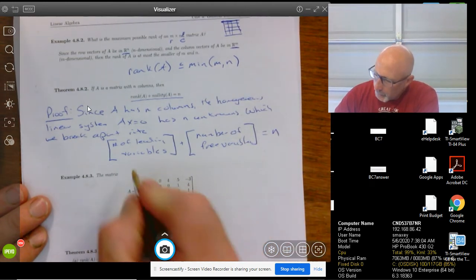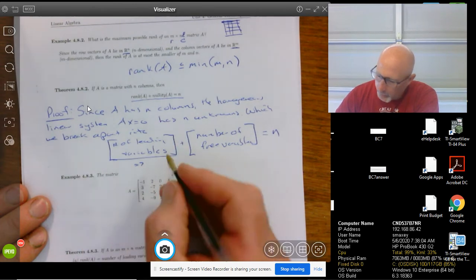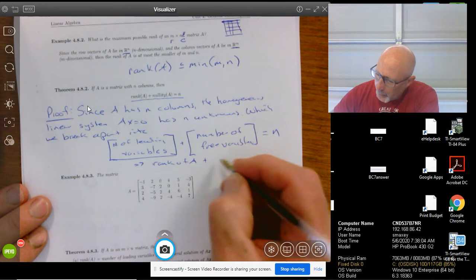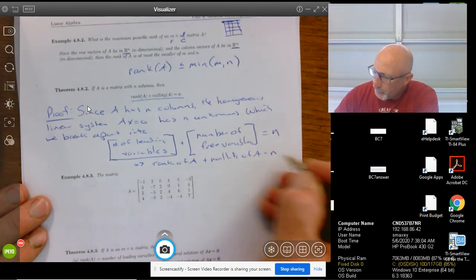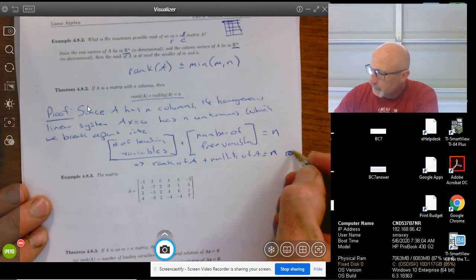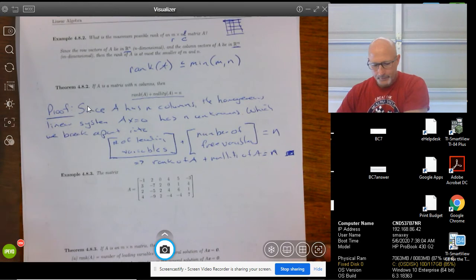So therefore, this right here is the rank of A plus the nullity of A, which is equal to n. And there we are.